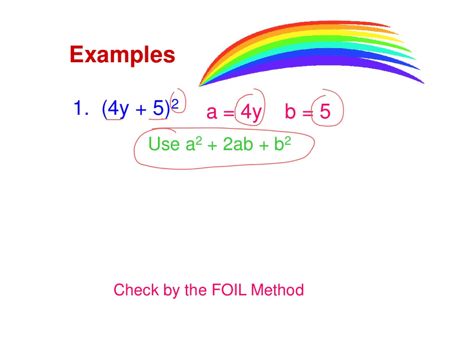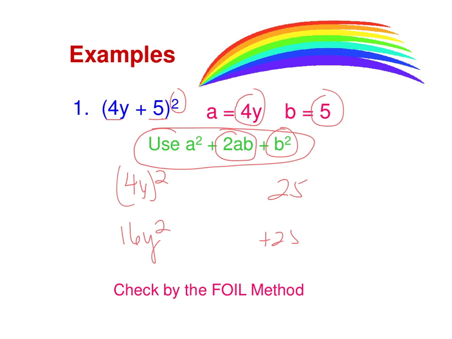Square the first term: 4y squared is 16y squared. Square the second term: 5 squared is 25. To get the middle term, first term times second term, 4y times 5 is 20y, and then I double it, so that middle term is 40y.